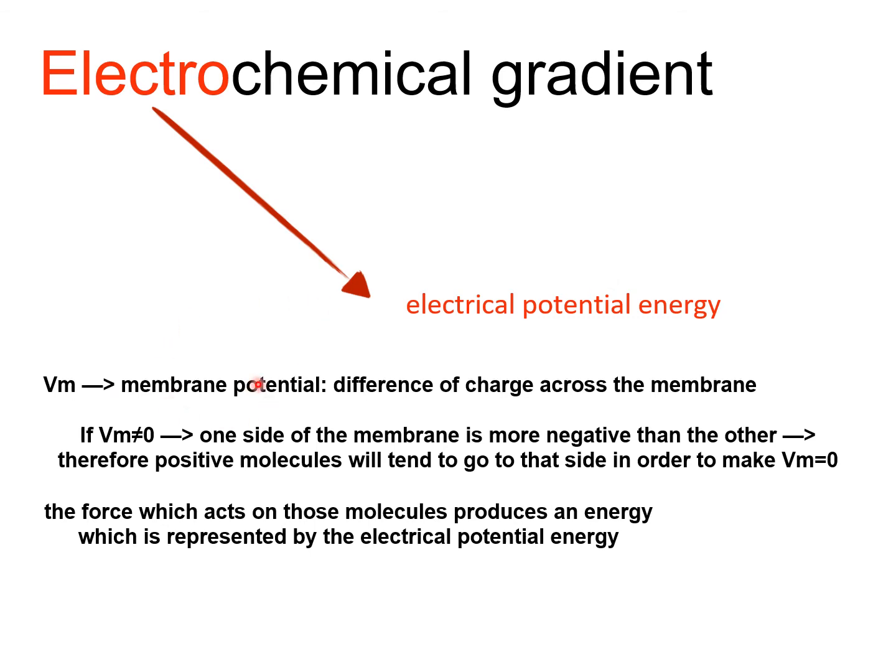And we're talking about a membrane potential, which is VM, is how we usually write it down and call it, which literally means difference of charge across the membrane. So that means that if it's not zero, one side of the membrane is more negative than the other. So we have some more positive charges on one side and more negative charges on the other side.